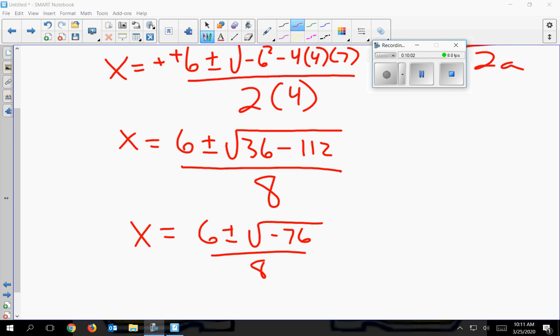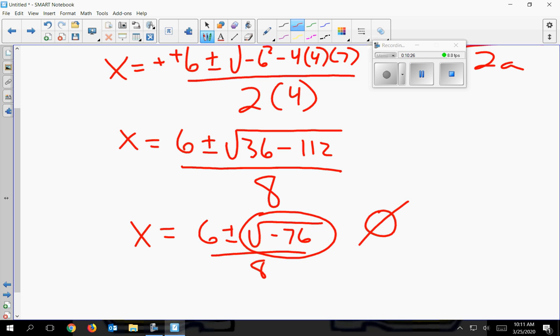Now I want to make sure we understand this. This piece right here was called the discriminant. And back up there, I said, if the discriminant is 0, I get 1 answer. If it's positive, I get 2 answers. But if that number inside is negative, I'm going to get no solution, okay? Because I can't take the square root of a negative number.